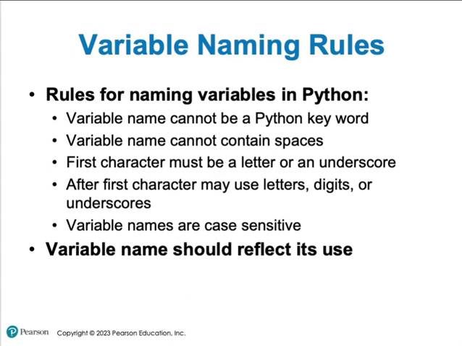Nothing else is acceptable. After that first character, you can use letters, numbers, or underscores, as many as you'd like, to come up with that. And variable names are case sensitive. So if I have a variable abc lowercase and another variable that's capital A, lowercase b, lowercase c, even though those are the letters ABC, those are not the same variable because the capitalization or the case is not exactly the same.